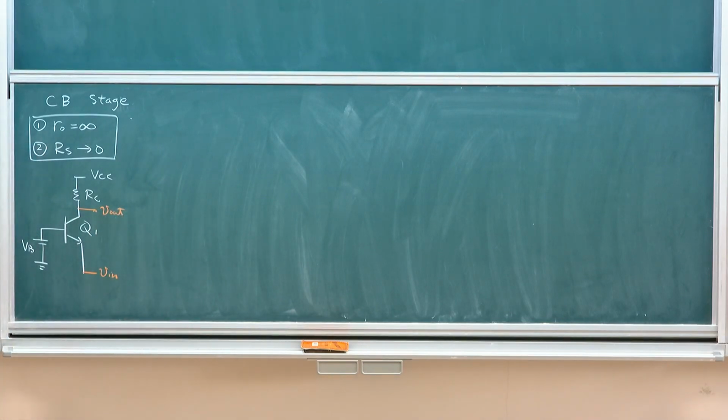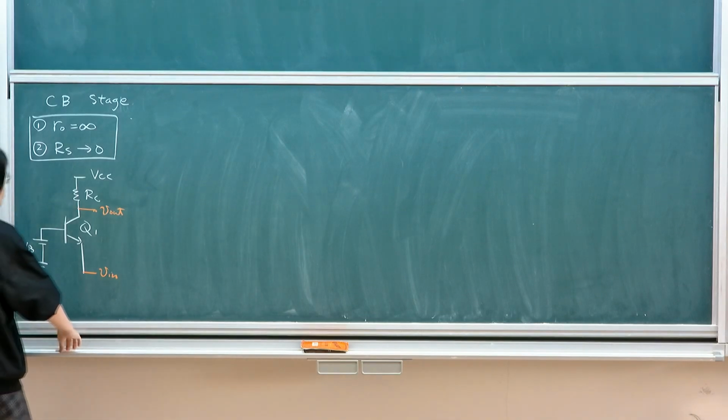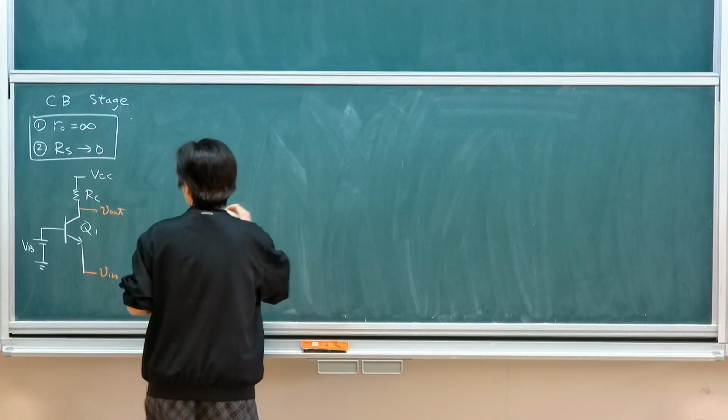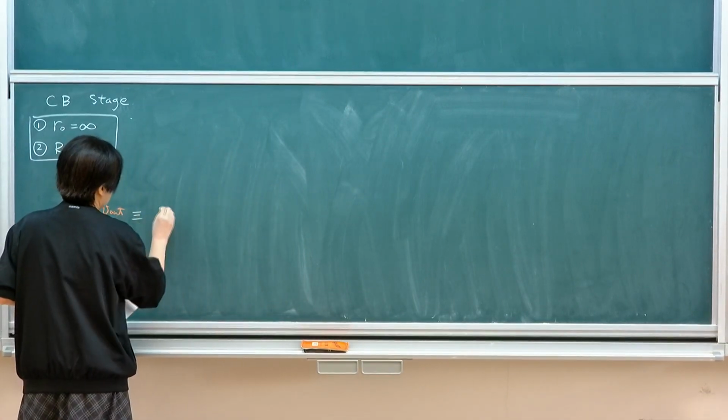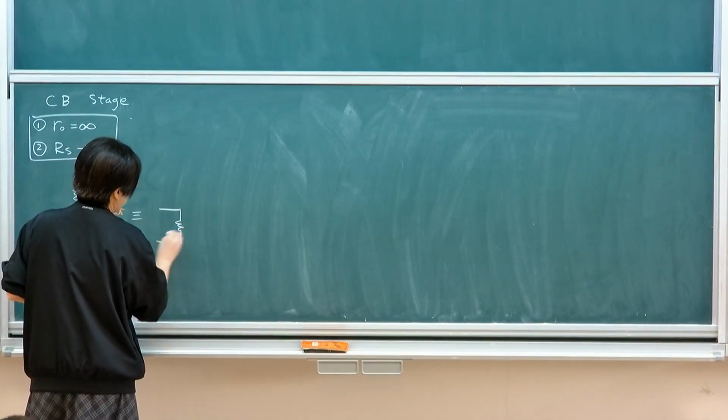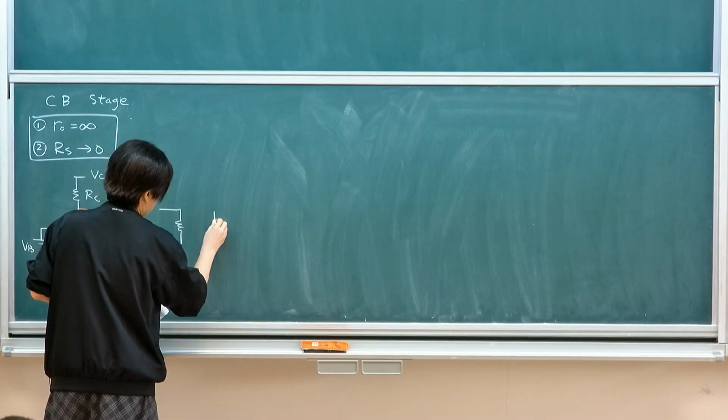So before we actually go into the analysis of finding out the key parameters such as input resistance, voltage gain, and output resistance, even though I'm saying that it's very similar to a current buffer, we're still going to treat it as a voltage amplifier first. So what we want to do is to make this equivalent to this, again, a voltage amplifier first.